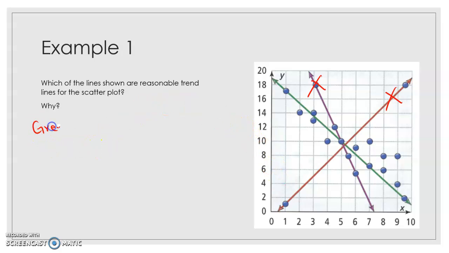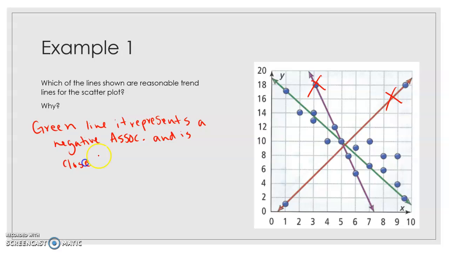So I would say green line, and the reason is because it represents a negative association and is close to many of the data points.